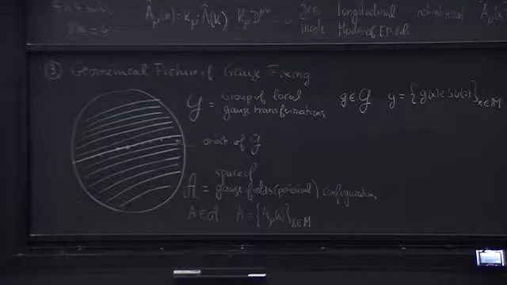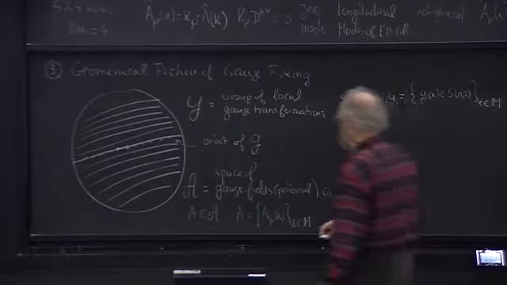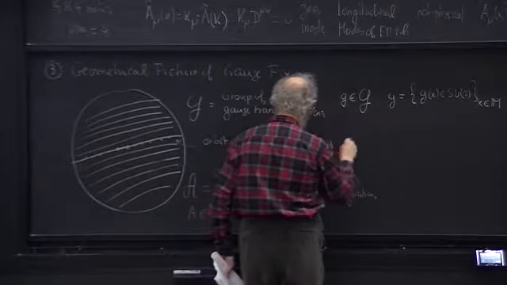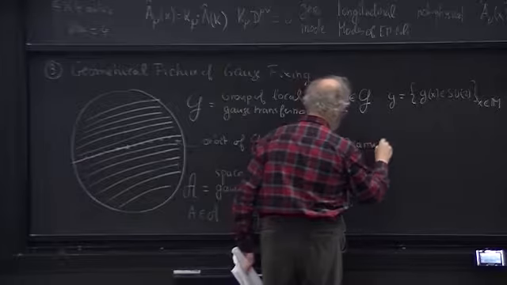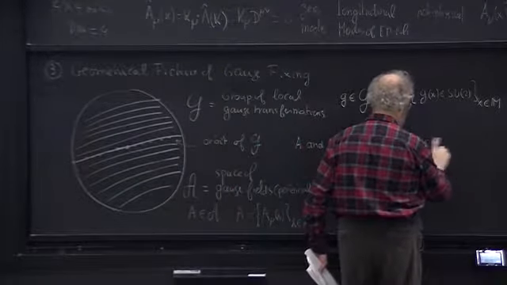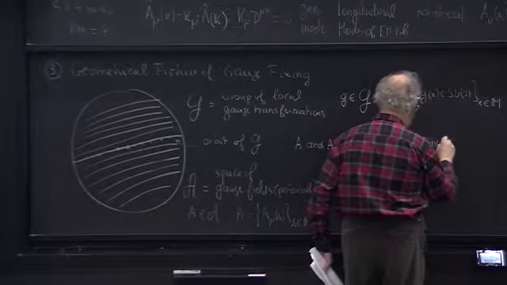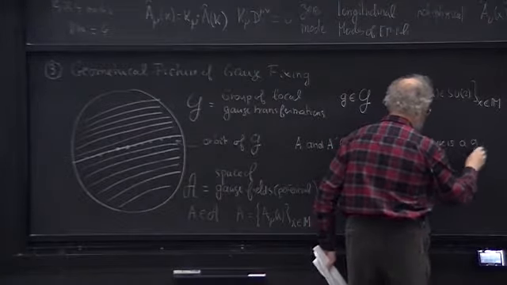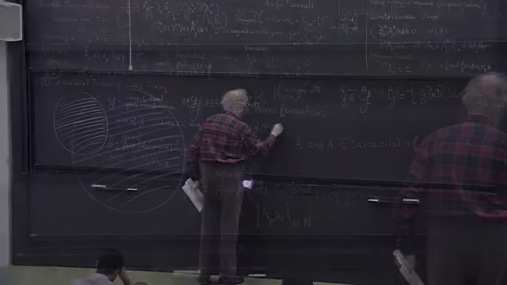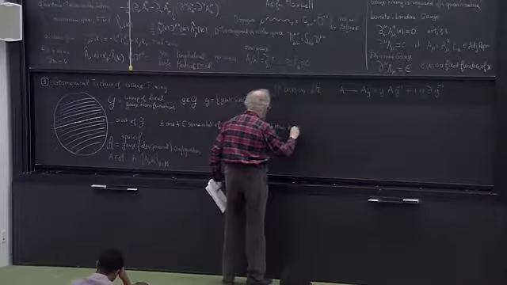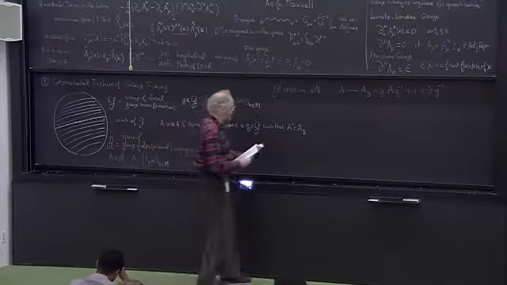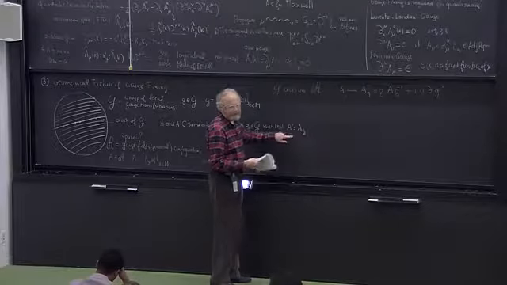Okay. So two gauge configurations A and A prime belong to the same orbit if there exists a G belonging to capital G such that A prime is A of G, or reciprocally A is A prime of G minus 1.